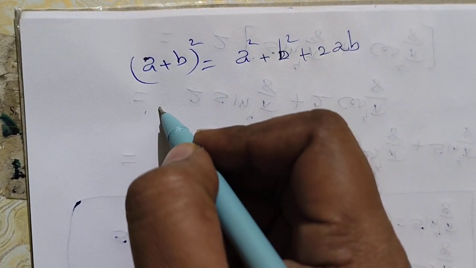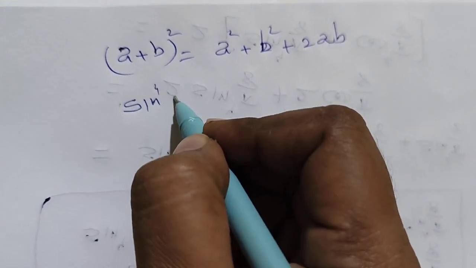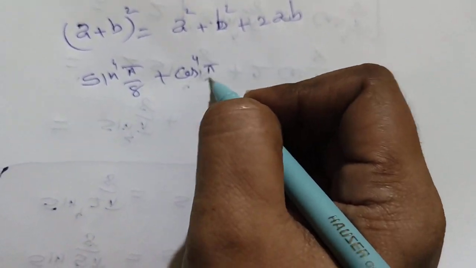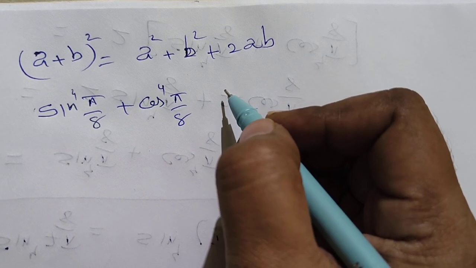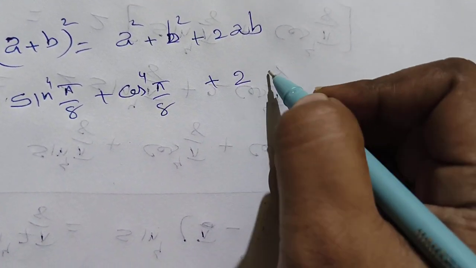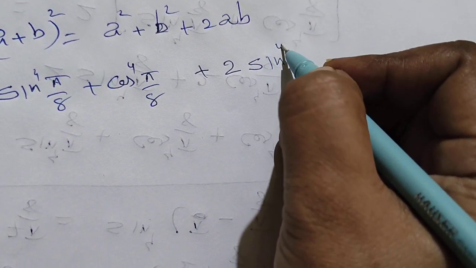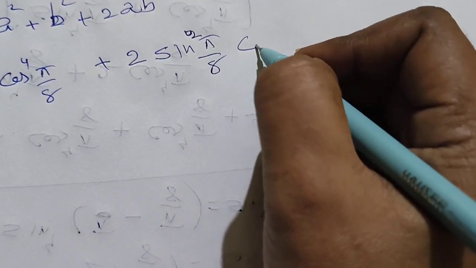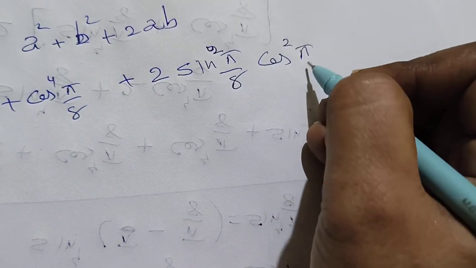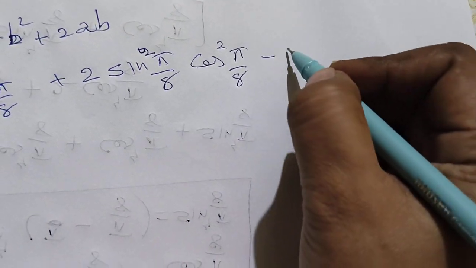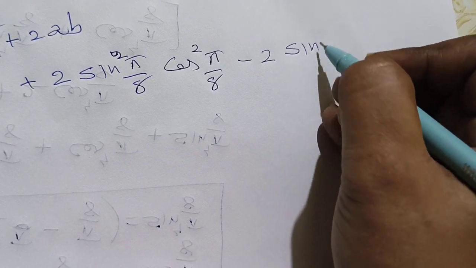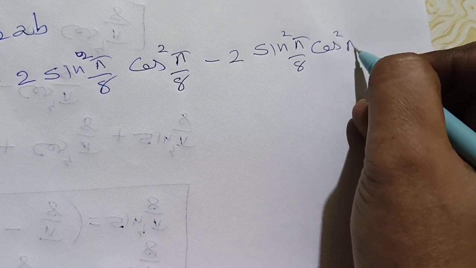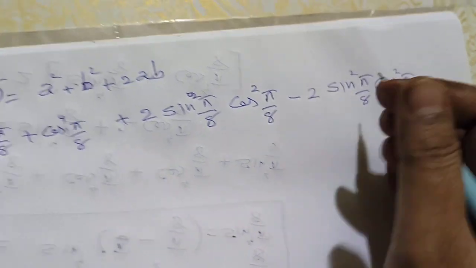So here we have sine to the power of 4 pi by 8 plus cos to the power of 4 pi by 8. So we are taking plus 2 times sine square pi by 8 cos square pi by 8 minus 2 times sine square pi by 8 into cos square pi by 8.